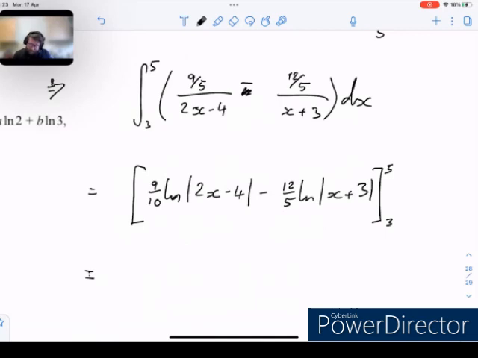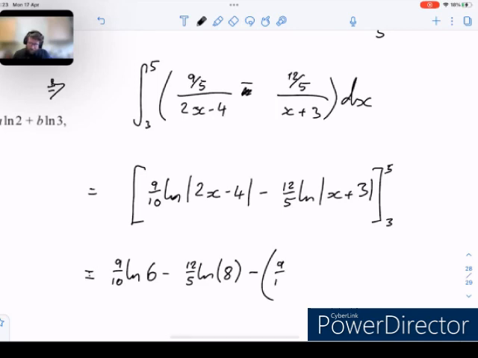Okay, so just got to be a little careful here. Sub in the 5, we get 9/10 log of 2 times 5 minus 4, which is 6, take away 12/5 log of 5 plus 3, which gives us log 8. We've got to take away what we get when we sub in 3.